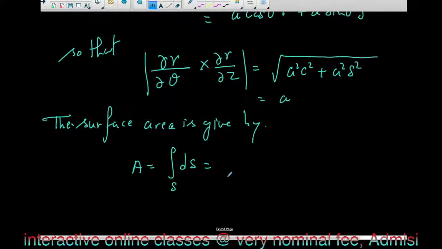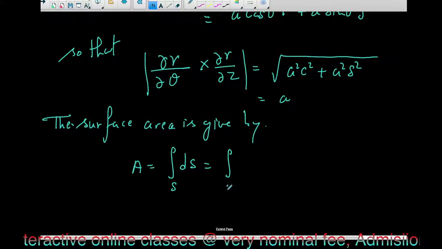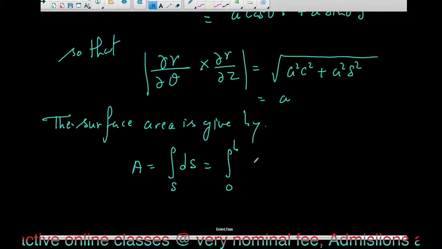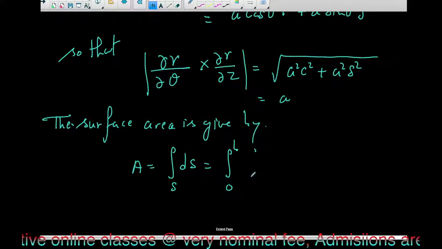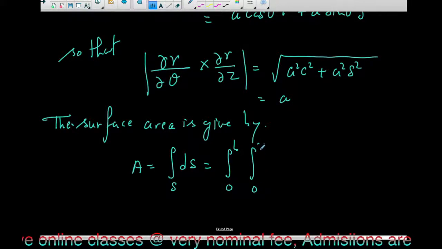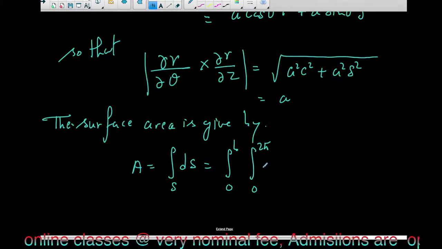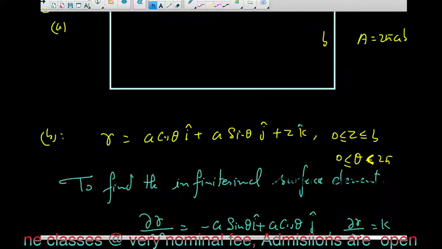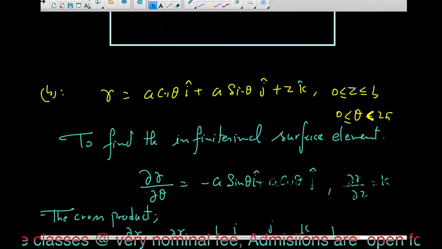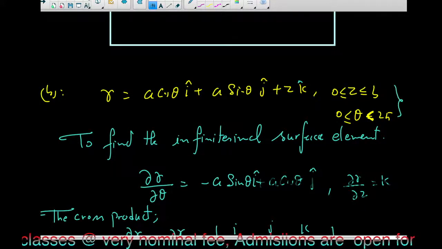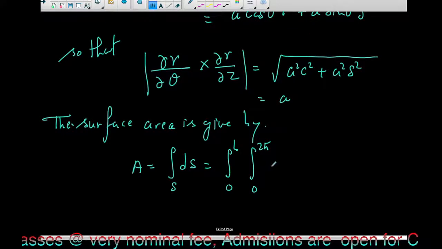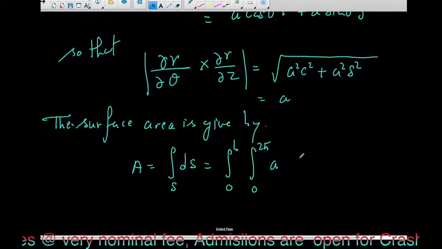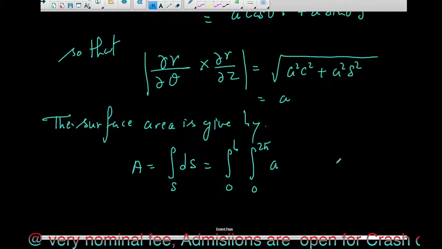So here we have to make a double integral: z from 0 to b, and theta from 0 to 2 pi. Look here, z was 0 to b and the theta limit was 0 to 2 pi. So we have to go for a, and d theta into dz.